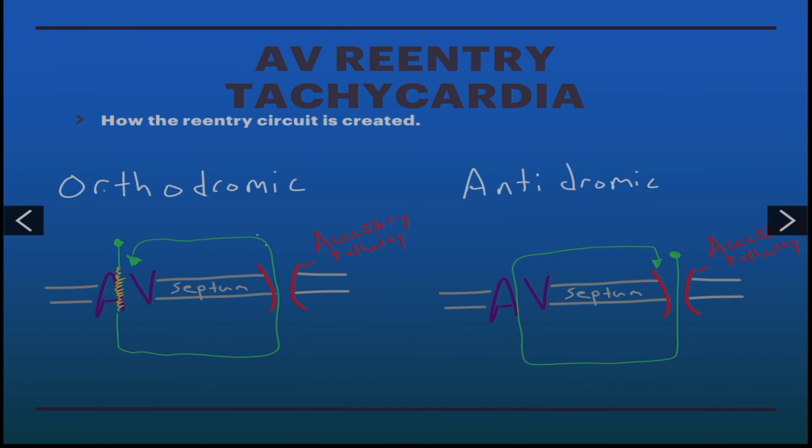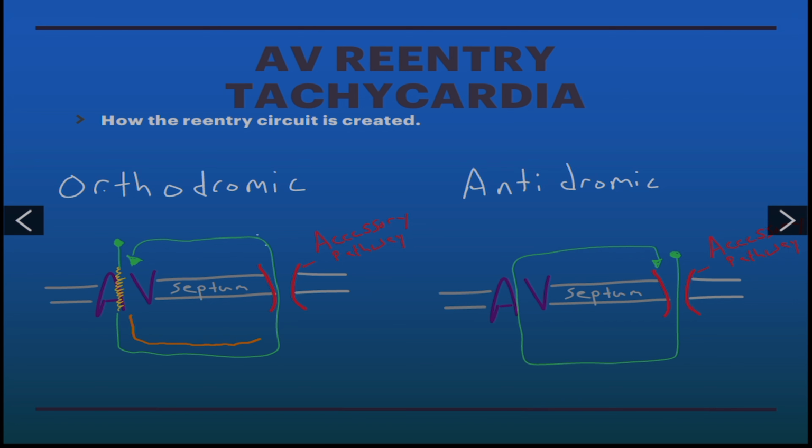AV reentry tachycardia really has two ways that the tachycardia is created. You have orthodromic AV reentry, which is where the impulse is basically allowed to come through the AV node. The AV node exerts its physiological block, and then the impulse travels through the system.